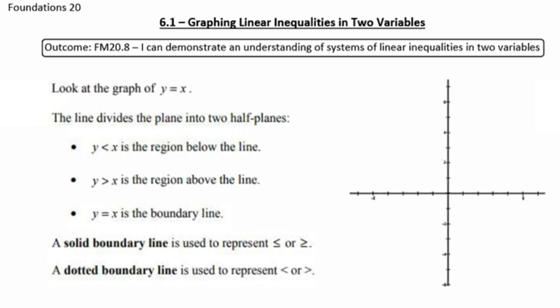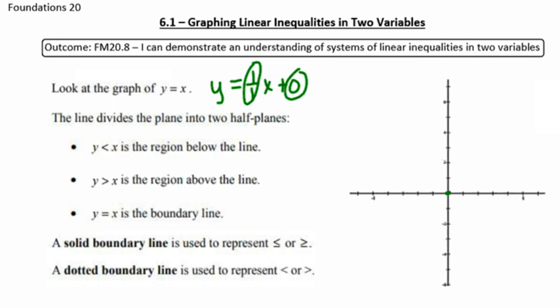So here it says look at the graph of y equals x. You want to actually graph that. So y equals x is y equals 1 over 1 x plus 0 technically, where we have a slope of 1 and a y-intercept at 0. So we want to plot that on our graph. Y-intercept is 0. Y equals x is also whenever x is 1, y is 1. If x is 2, y is 2.